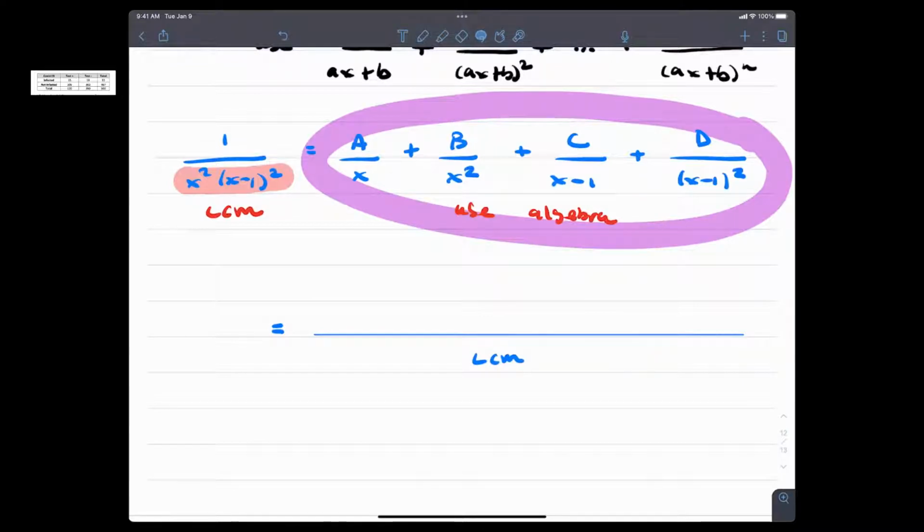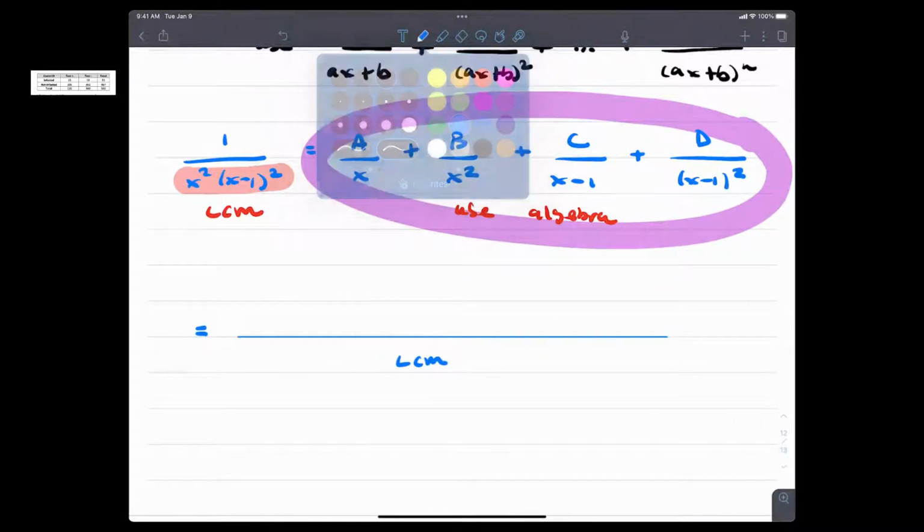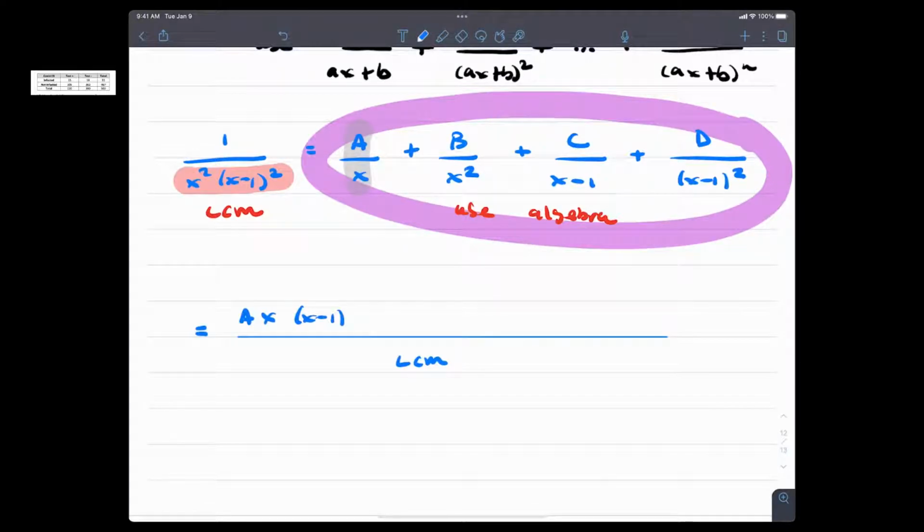And so for me as a student, I used to look at this and say, you know what's going to happen is you actually write down what is missing for each term. Like for this a term over here, right? You see a over x. For me, it became something simple in the sense that I know what's missing. You know what's missing is the x and x minus 1 squared, right?